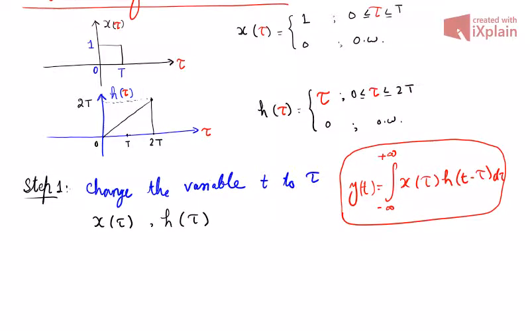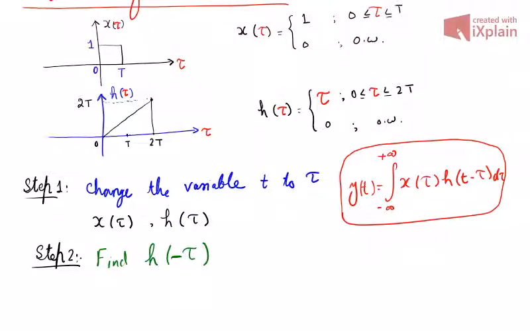In the next step, step number 2, I'll have the time reversed version of h of tau, one of the signals. If you see in this expression, we have the time reversed version, h of minus tau, and then I will apply the shift also. So in step number 2, we find h of minus tau.